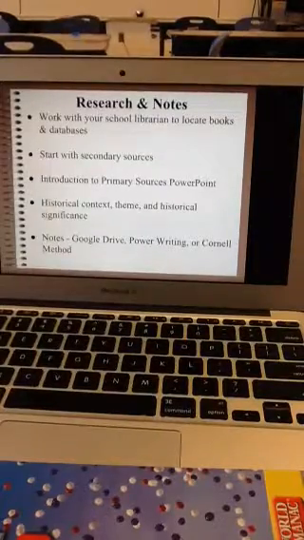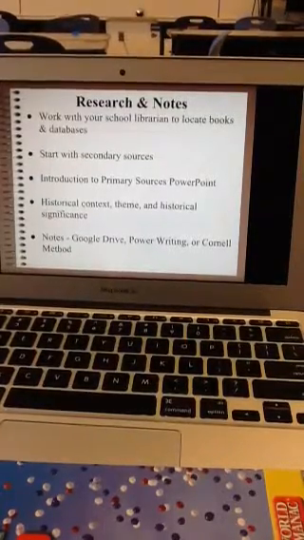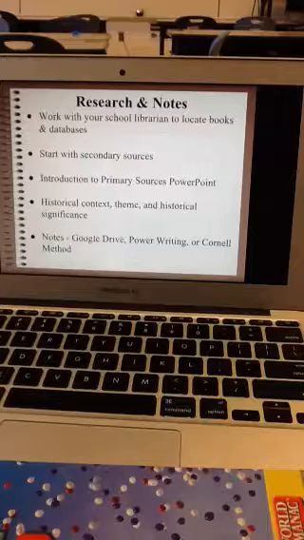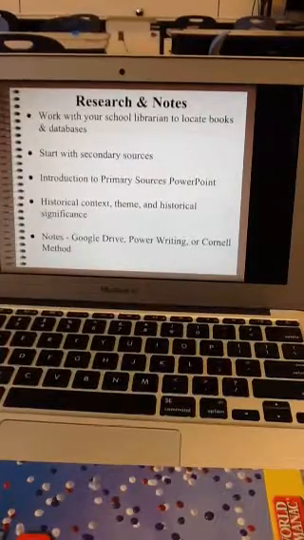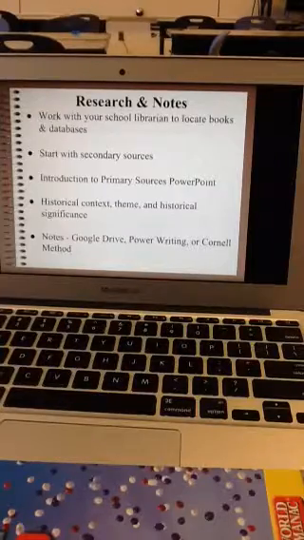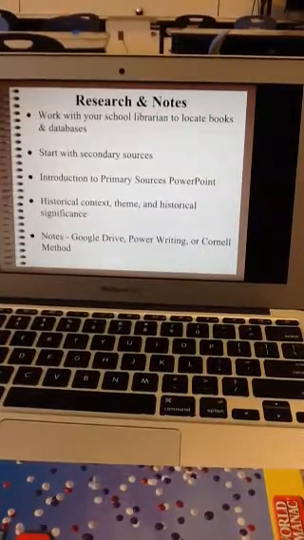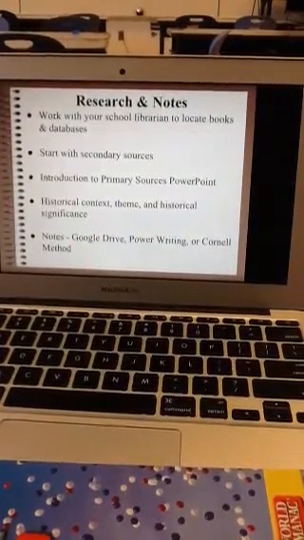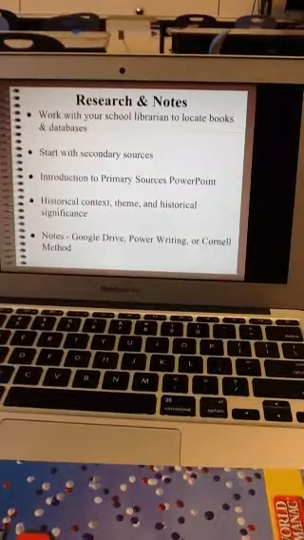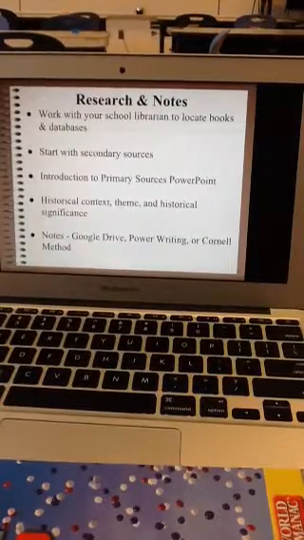I have them start with books and encyclopedias, just because that's something tangible that's in their hands. Then I have them move from secondary sources to primary sources. I also have them use electronic databases that the school or the county offers later on as well.